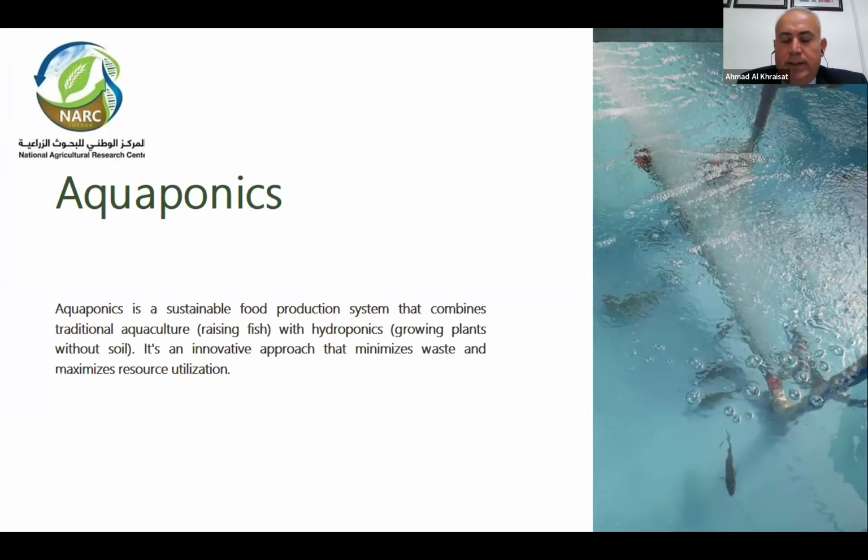This is the innovation of these systems, to minimize waste and recycle the water efficiently. And we know that Jordan is one of the countries in the world with poor water resources. So at the research center we entered this technique to minimize this problem.